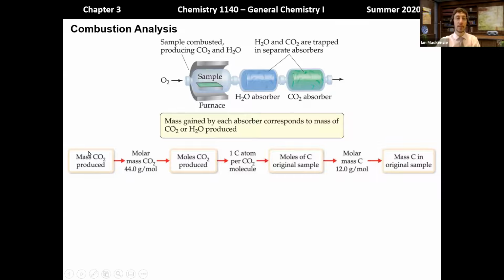So if we start with the mass of CO2 produced, what I will first do is, using the molar mass of CO2, convert that to moles of CO2. Now, I know that there's only one carbon atom per molecule of CO2, which means that there's 1 mole of carbon atoms per mole of CO2. Using that allows me to convert from moles of CO2 to moles of carbon.